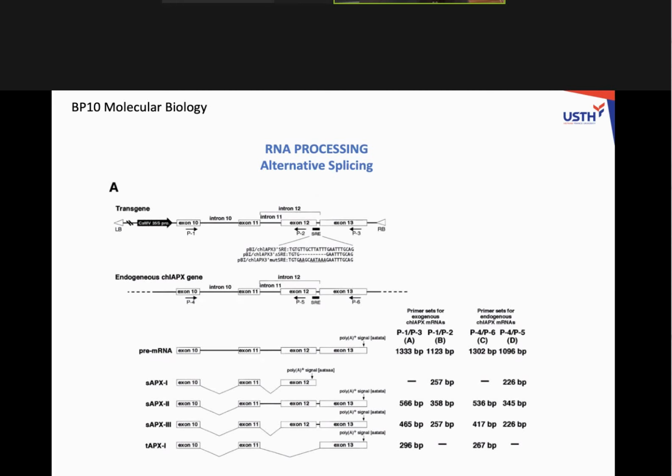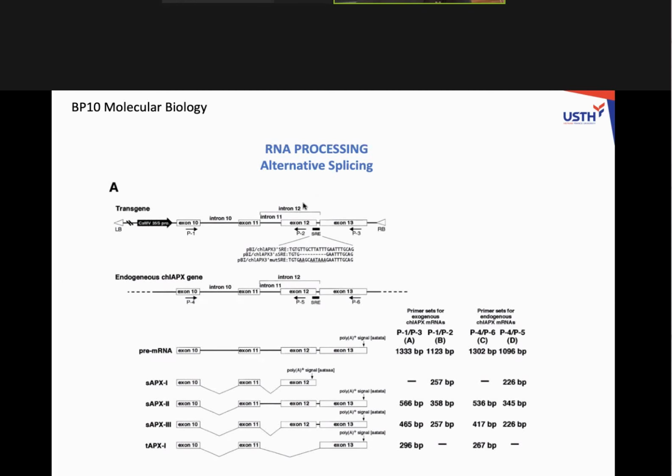The alternative splicing is a way, from a single gene in the genome that is transcribed into one single hnRNA, to produce different types of protein, because some exons or some introns are not removed in the canonical way, let's say.